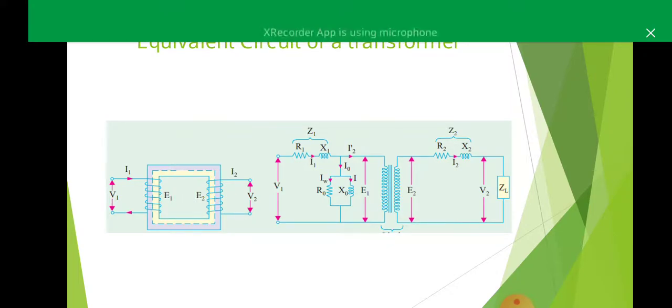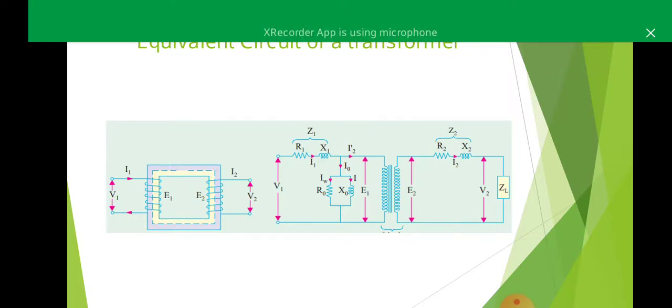In this circuit, we have V1 primary supply voltage, I1 primary current, R1 primary resistance, I naught, as we have discussed, the no load current and its two components I mu and I w.